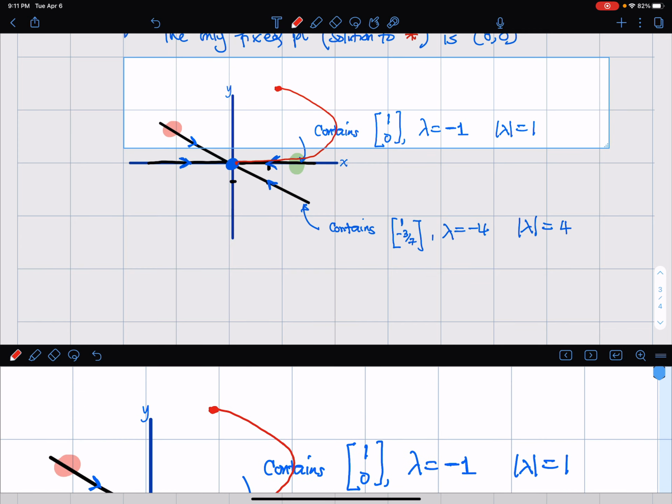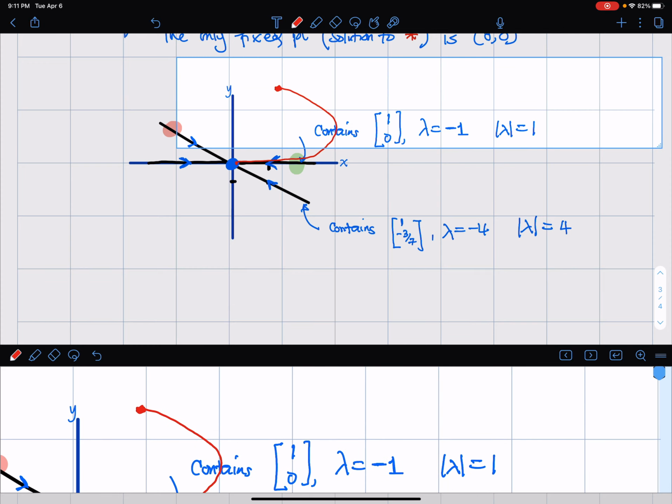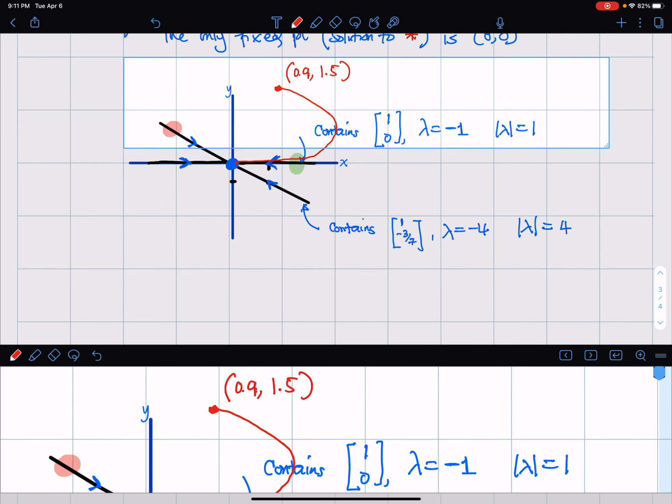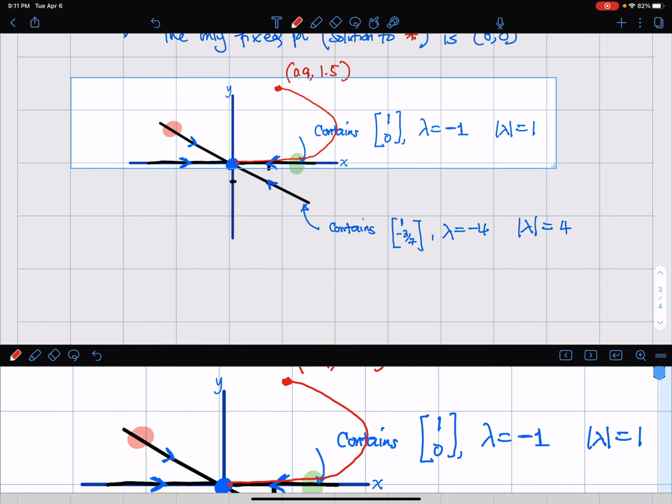Let's say this point is when x is 0.9 and y is 1.5. If I'm a trajectory and I start here, I'm going to end up there, right? Remember, every trajectory goes towards the origin.